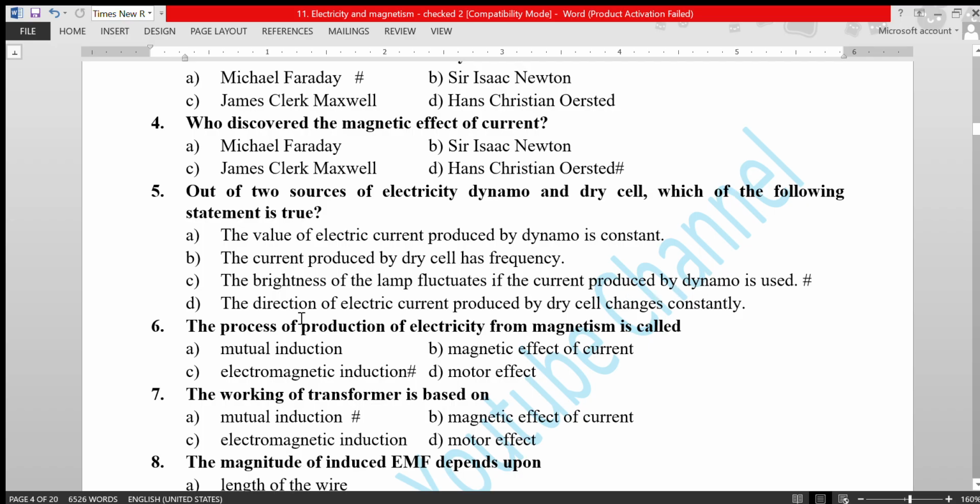it fluctuates brightness. The process of production of electricity from magnetism is called electromagnetic induction. The working of transformer is based on mutual induction.